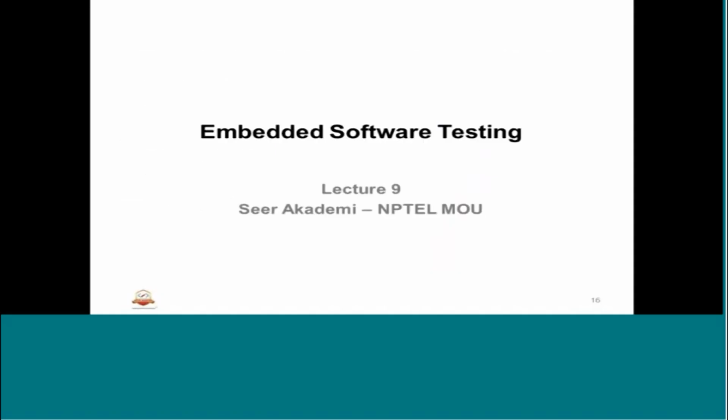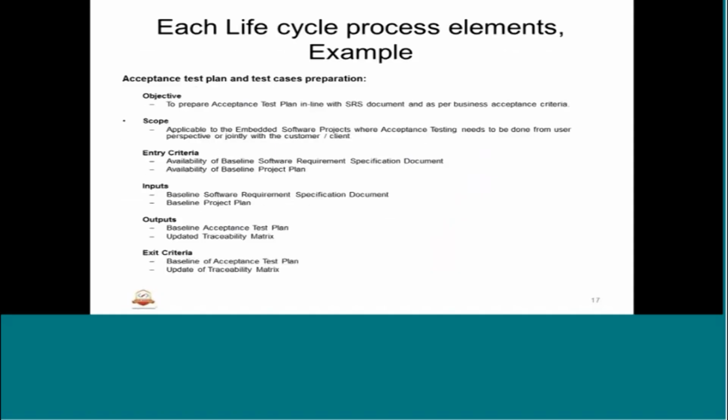In another session we understood about each of these process items, taking an example of test plan, where we identify the objective to prepare a test plan, scope is for the project, preparing the acceptance testing, then entry we do with a high level requirement specification, then project plan also is taken care of.